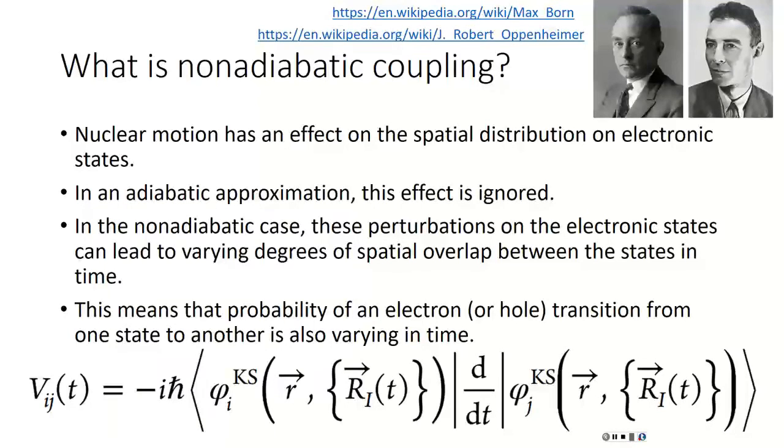Computational modeling is helpful for being able to model non-radiative recombination. This is usually done with non-adiabatic coupling. One of the first basics to computational modeling is referred to by these two men, Max Born and Robert Oppenheimer. Robert Oppenheimer is known for more than just creating the nuke or being the lead investigator of the Manhattan Project.